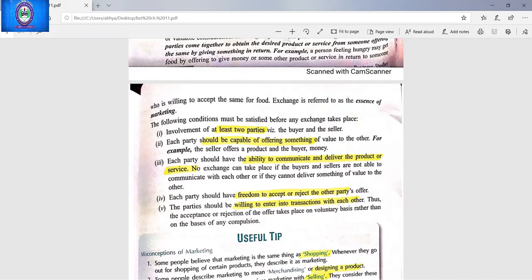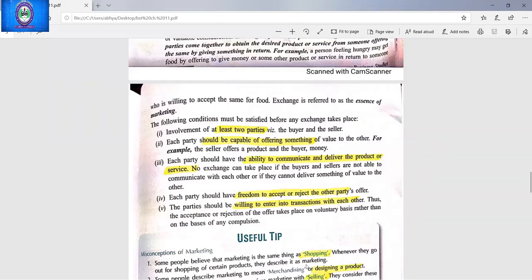Last point, the parties should be willing to enter into transactions with each other. The party should be willing, which means you cannot use any force. There must be willingness from both the parties. Acceptance or rejection of the offer takes place on a voluntary basis rather than on the basis of any compulsion.